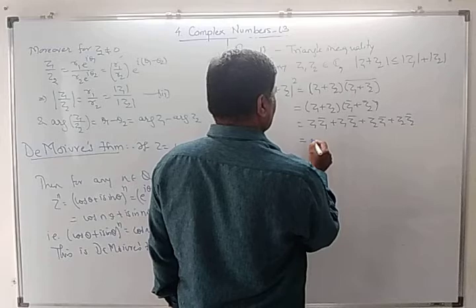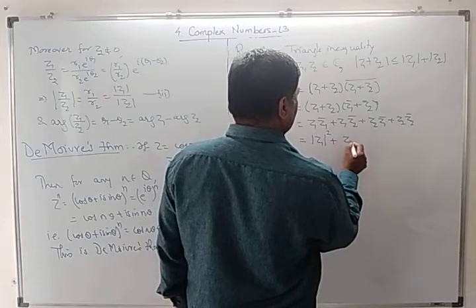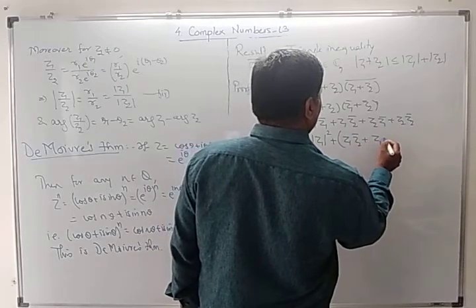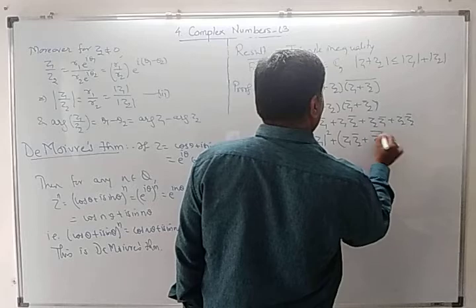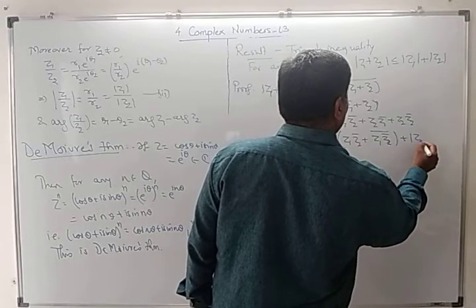Then this is your mod of Z1 square plus, I can write this as, Z1 Z2 bar plus (Z1 Z2 bar) bar, plus modulus of Z2 square.